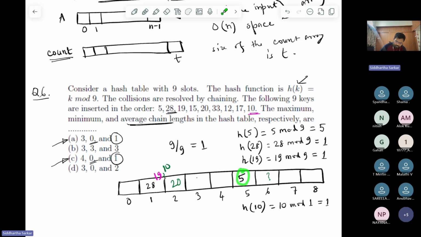Only 5. Okay. Sixth, 15 and 33. 15 and 33 are in the sixth slot because 15 mod 9 is 6, and 33 is also here: 3 nines are 27 plus 6. That is fine. Seventh slot.